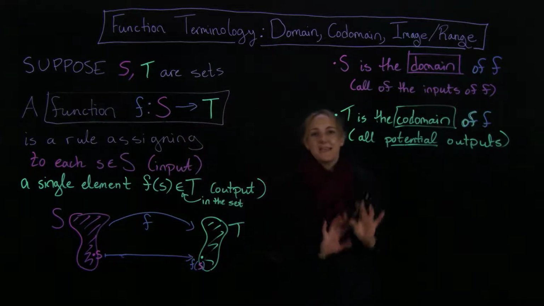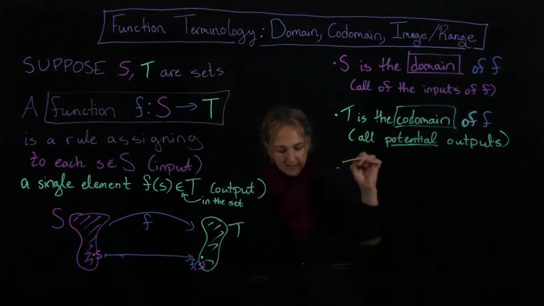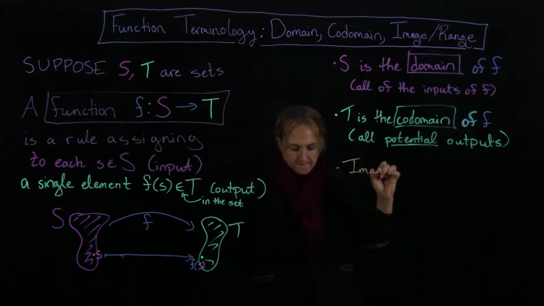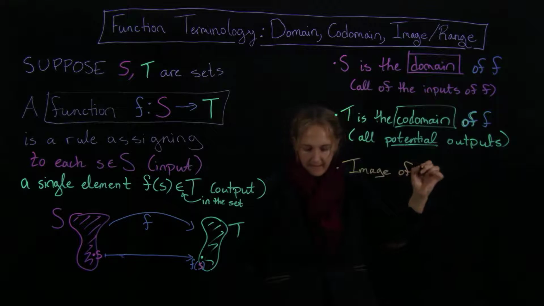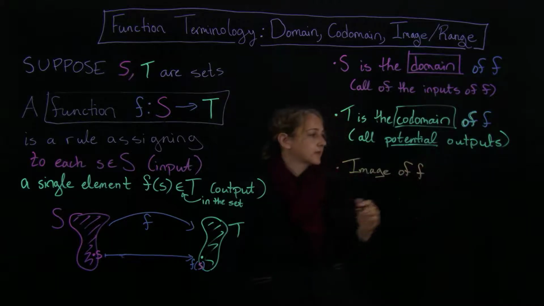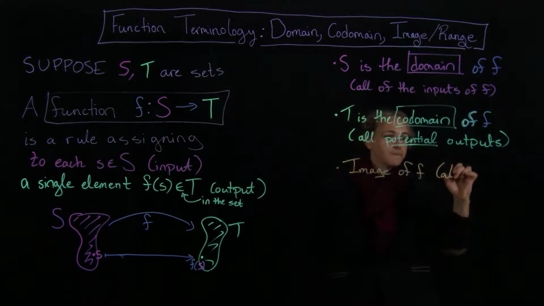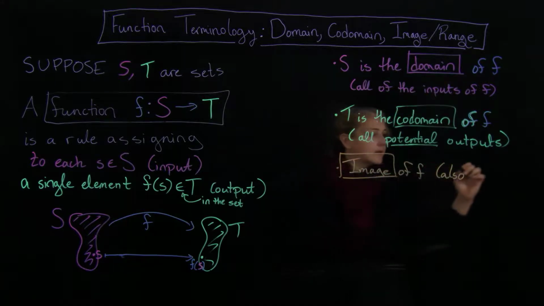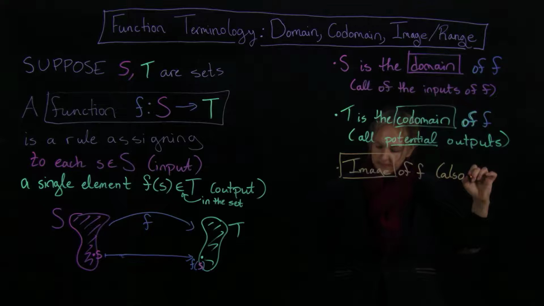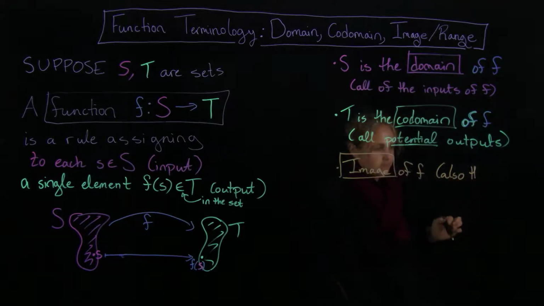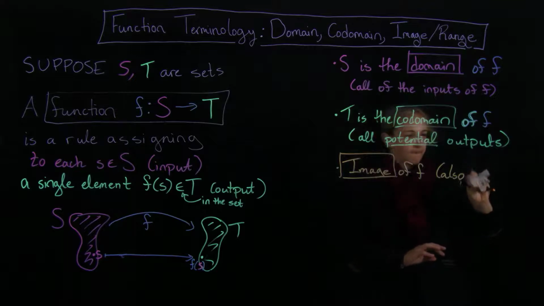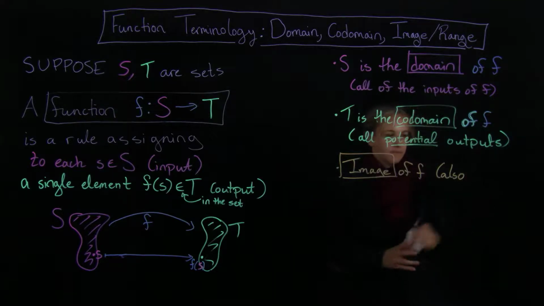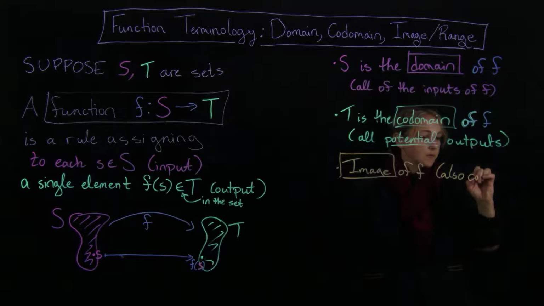is in the image. So then we have the image of f, and this is also called the range. So now we're talking about the image of S, also called the range.